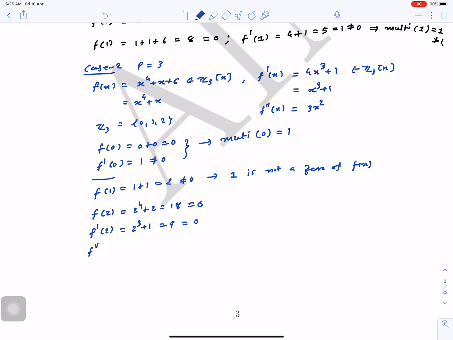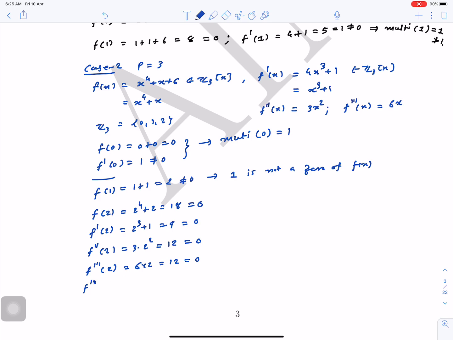So f double dash 2 will be 3 into 2 square, so it is 12, and 12 is also 0. Now you go for f triple dash, and f triple dash is equal to 6x. So it is 6 into 2, so it is 12, and it is 0.